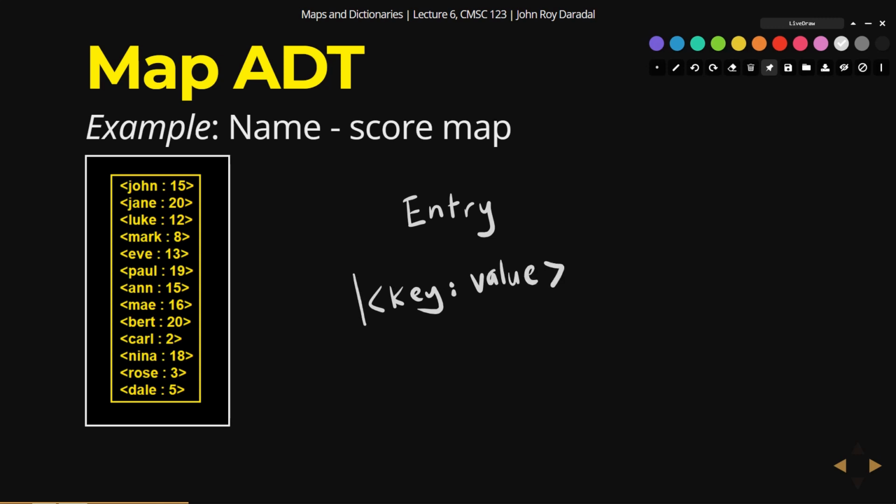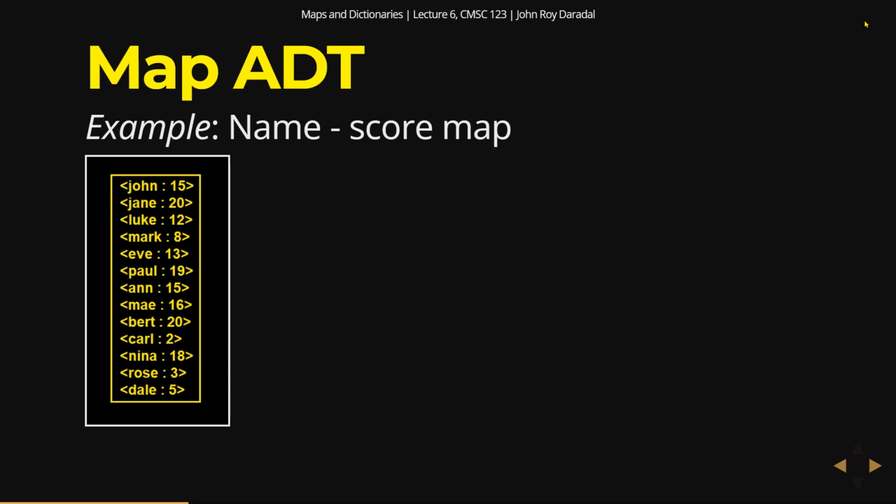Okay, so this whole thing here is one entry. Okay, so this one is one entry, John 15, this one is another entry, Jane 20, Luke 12, and so on. So each one here is one entry, wherein the names are the keys and the scores are the values. Okay, so those are examples of maps with their keys and values.